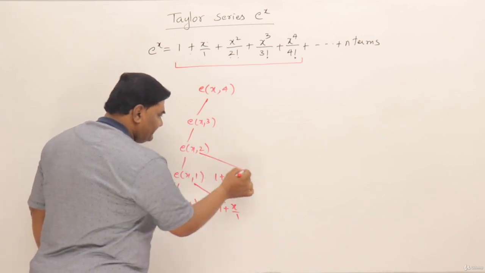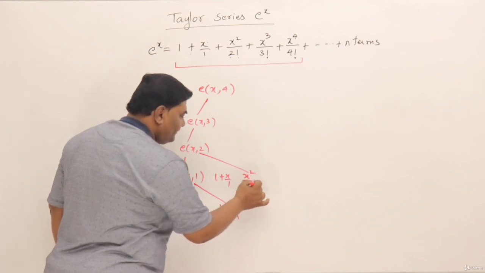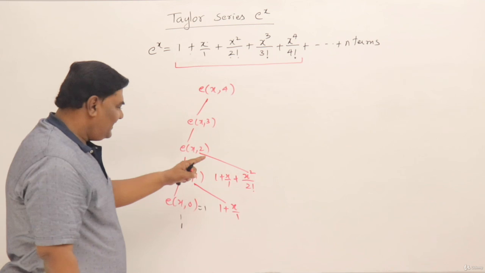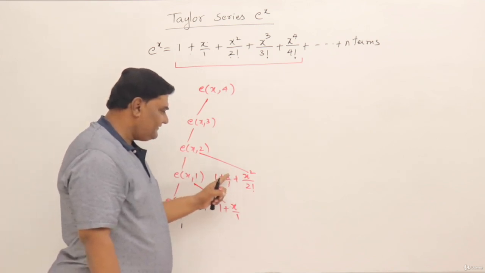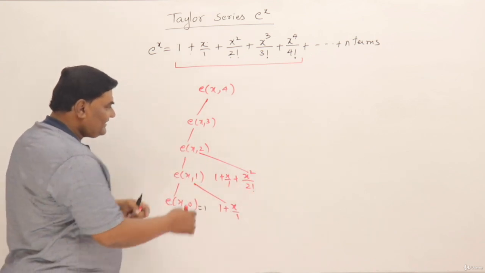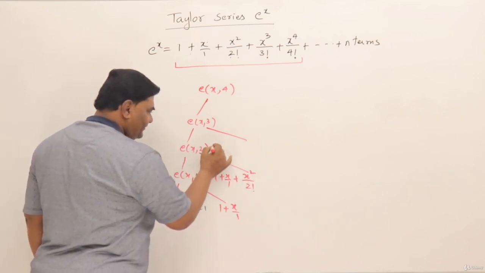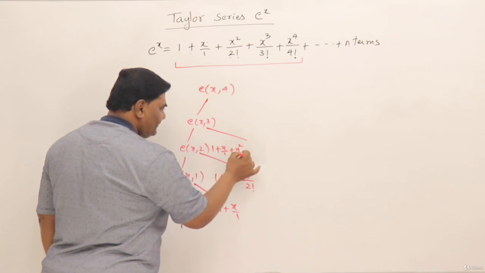Now for this function, what I want is x square by 2 factorial, and this should be added. So I need this x and 1 so that x is multiplied with the numerator, so it becomes x square, and 2 is multiplied with the denominator, so it becomes 2 factorial. Then when I go back again here, this result will be given to this function. So the result of this function is 1 and x square by 2 factorial.